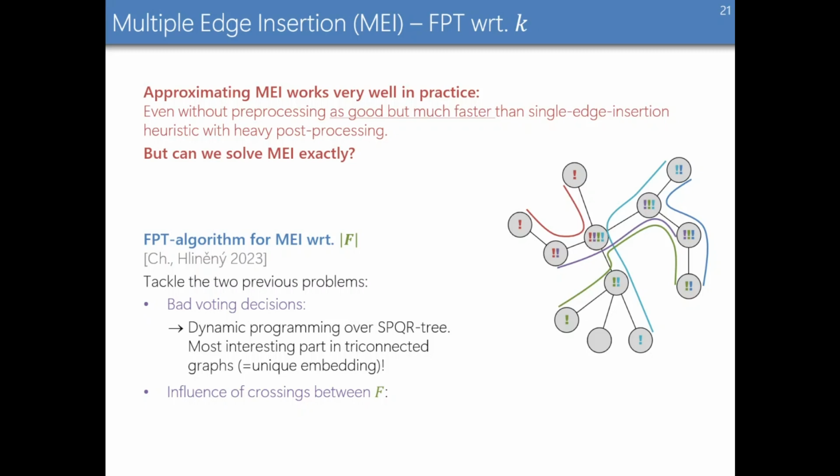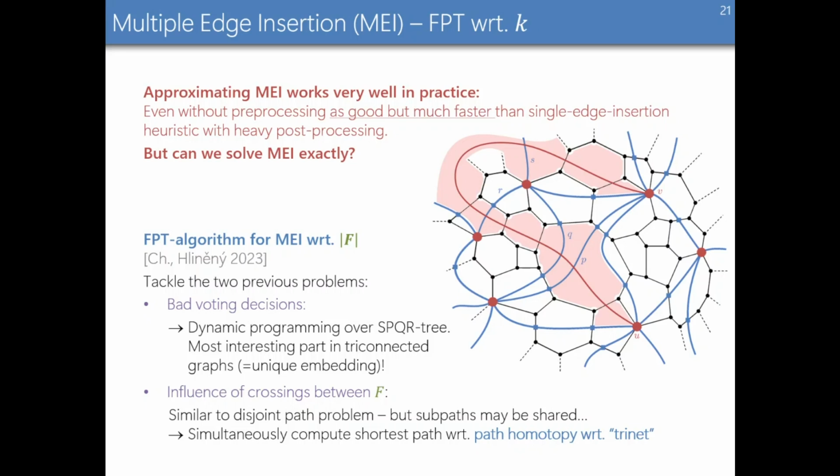And this seemingly minor discrepancy makes it so that this problem becomes solvable, whereas the disjoint path problem remains hard. But this is kind of the simplest picture describing the algorithm that does that.